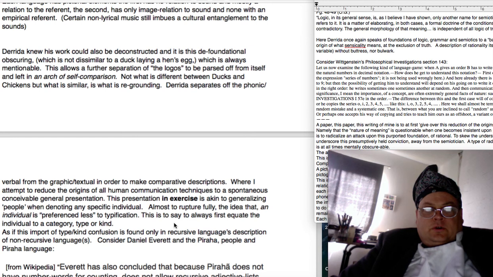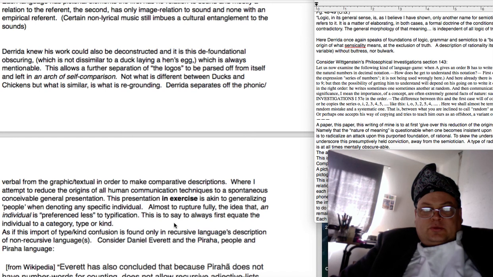Derrida knew his work could also be deconstructed, and it is this defoundational obscuring, which is not dissimilar to a duck laying a hen's egg, which is always mentionable. This allows a further separation of the logos to be parsed off from itself and left in an arch of self-comparison.